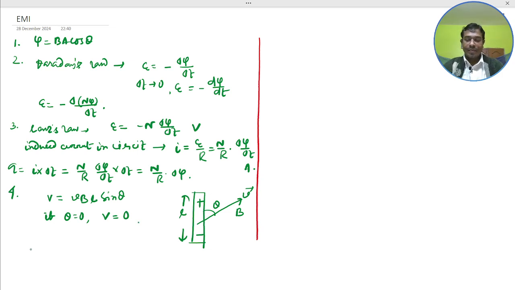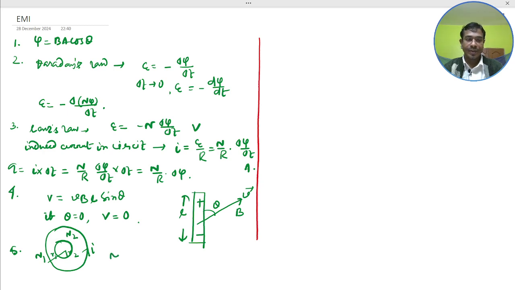And the second one is mutual inductance. Let there be two coils of radii R1 and R2 with turns N1 and N2. Basically this is one coil and that is another coil, with radii R1 and R2, and this is the current I1.